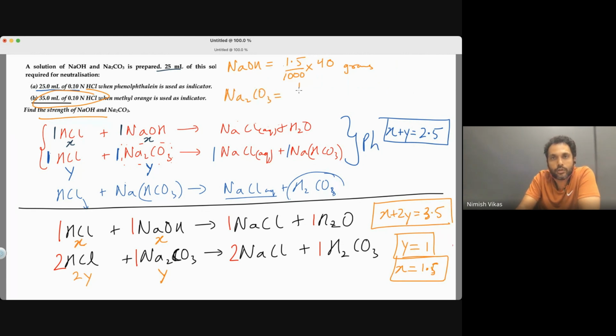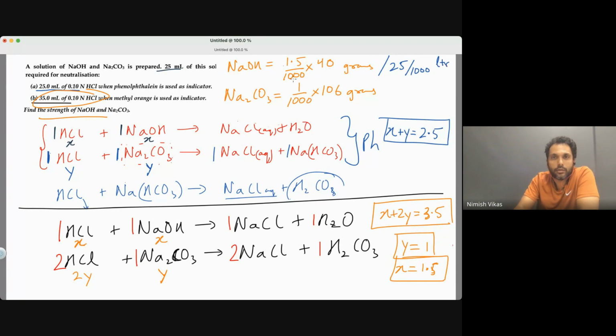We'll see the moles, 1 by 1000 moles, and each mole has a weight of 106. So many grams. What do you mean by strength? Grams per liter. So if I have to write the strength, I'll divide by liters. It was in 25 ml, so 25 by 1000 liters.